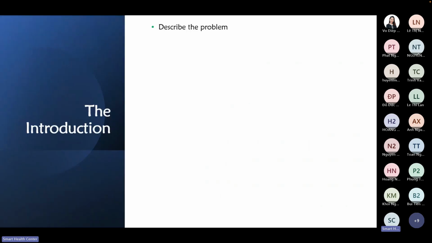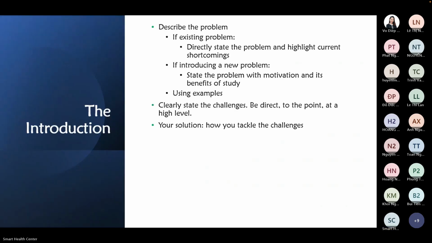Okay, all right, and then the third paragraph, your solution, right? How you tackle the challenges, and again at a high level, because here you haven't defined any notation. Describe your solution, so they know where you talk in detail. And when you talk in detail, you lose the audience because they don't understand what you're talking about. So, how you tackle the challenges?